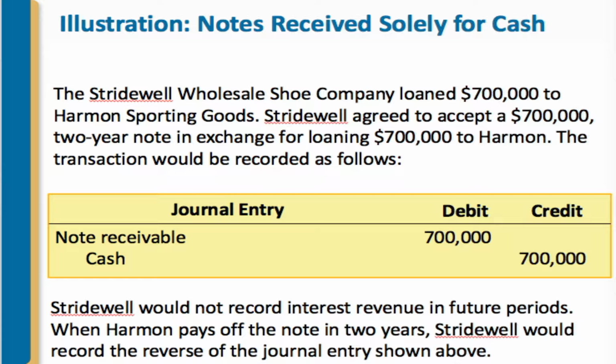When a non-cash asset is exchanged for a note with a low stated rate, we can argue that its real value is actually less than it's purported to be, but we can't argue that the present value of a sum of cash currently exchanged is less than that actual sum. If the non-interest-bearing note in the previous example had been received solely in exchange for $700,000 cash, the transaction would be recorded as shown on this slide.